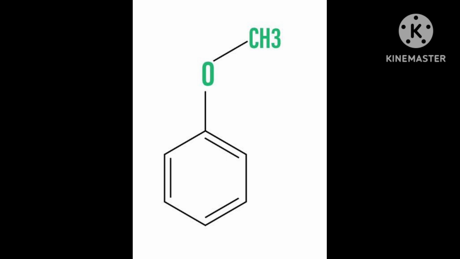This is due to the fact that, just like alcohol, the oxygen of ether can also form hydrogen bonds with water molecules. If you consider ether, suppose ROR is ether, and now you consider alcohol, ROH.